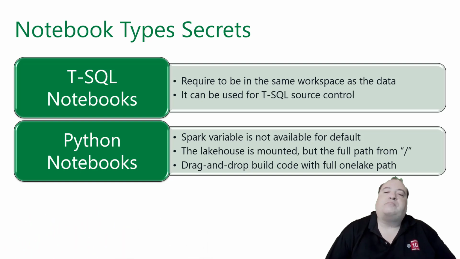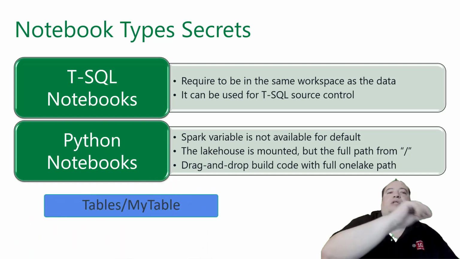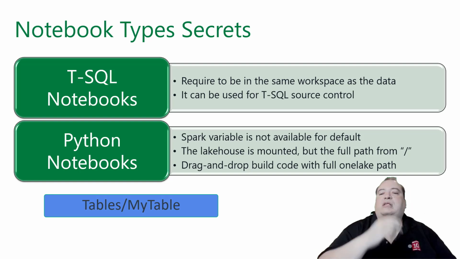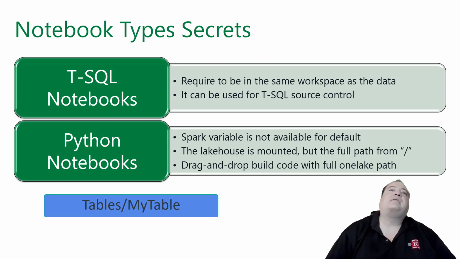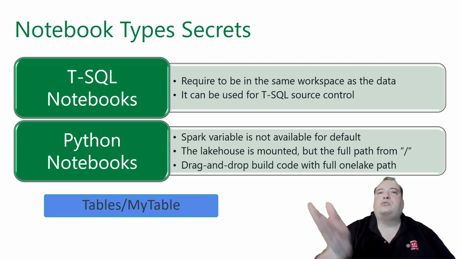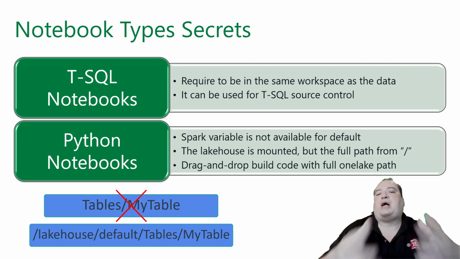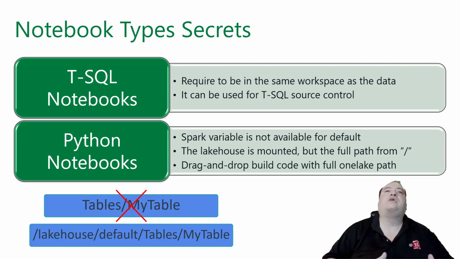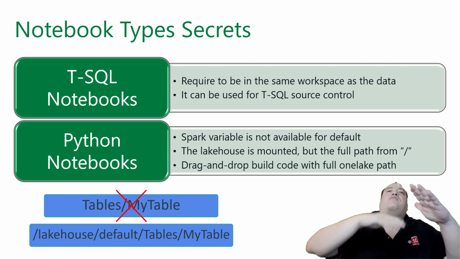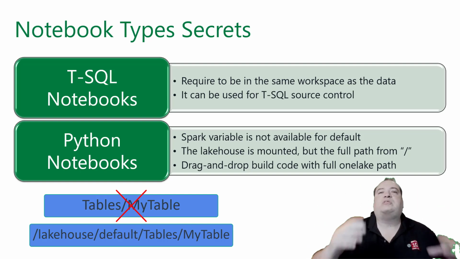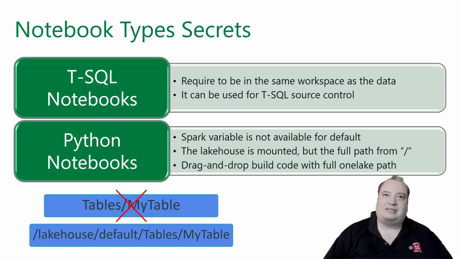The lakehouse is mounted. When you define the full lakehouse of the Python notebook, the lakehouse is mounted. But the lakehouse is only understood using the full path from the root. I mean, usually, using the Spark variable, we can just use the root files or root tables, and it understands the path. In the Python notebooks, it doesn't. You need to use the full path.